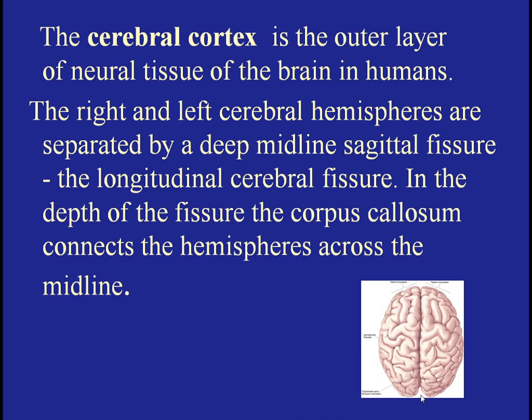The cerebral cortex is the outer layer of neural tissue of the brain in humans. The right and left cerebral hemispheres are separated by a deep midline sagittal fissure, the longitudinal cerebral fissure. In the depth of the fissure, the corpus callosum connects the hemispheres across the midline.